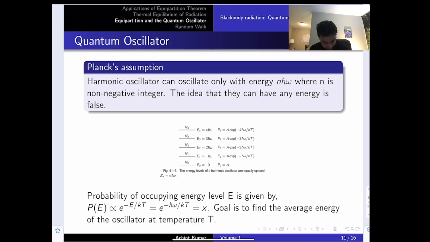Okay, so again, we assume that the probability of an object to occupy an energy E is proportional to e to the power minus E over kT. In our case, energy is h bar omega, and let's call that x. Okay, the goal is to find the average energy of the oscillator at temperature T.